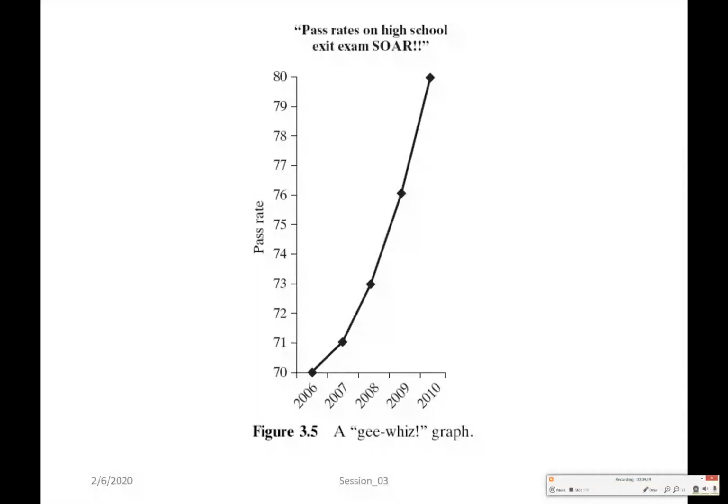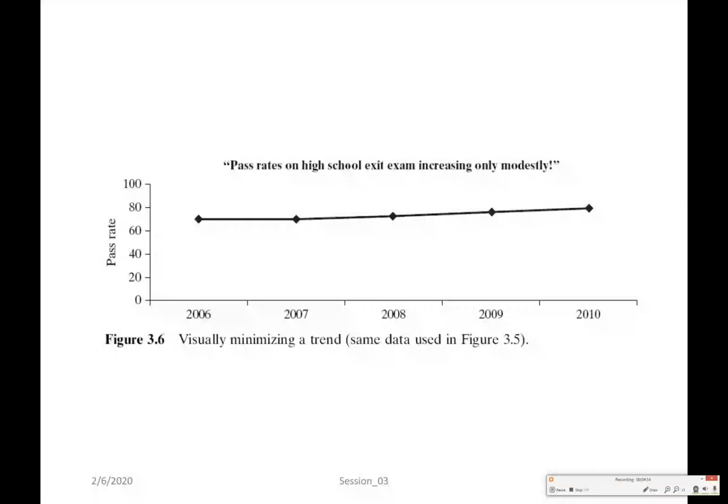So here's an example of that. You would have a line chart like that. You would think, oh my gosh, pass rates have soared. But if you see that the bottom scale of the years is really compressed, and if you look at the next one following that, where the years are expanded, it doesn't look as dramatic. So it's something to keep an eye on anytime you see charts, in terms of the scale of it.